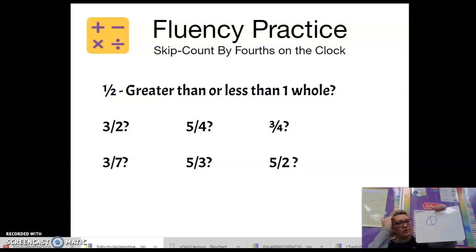So automatically I know by looking at 5/3 and at 5/2 that it is going to be greater than 1 whole unit. So here's 1/2, 2/2, sorry, 3/2, 4/2, but this one has 5. So it's greater than 1 whole.